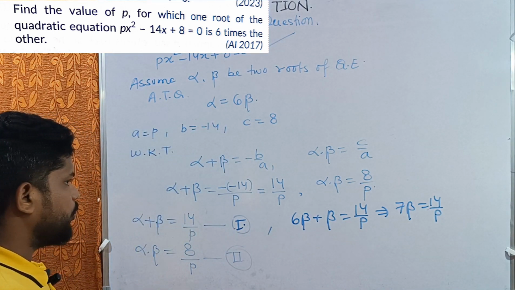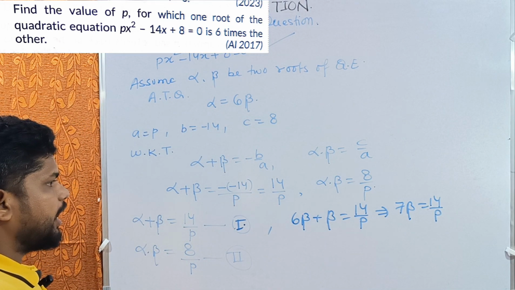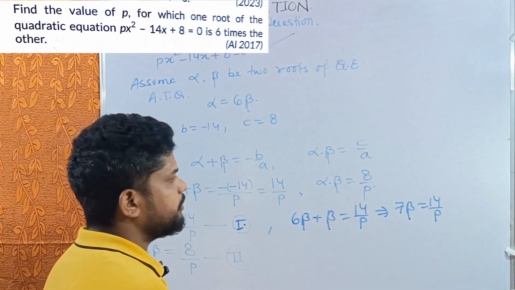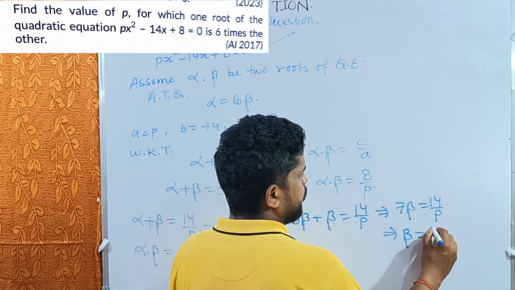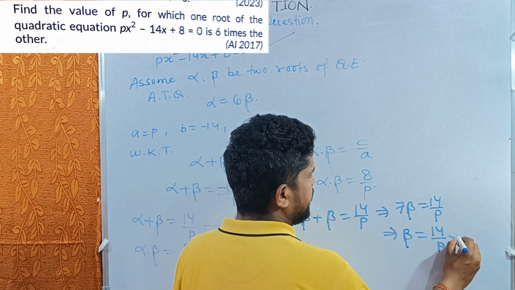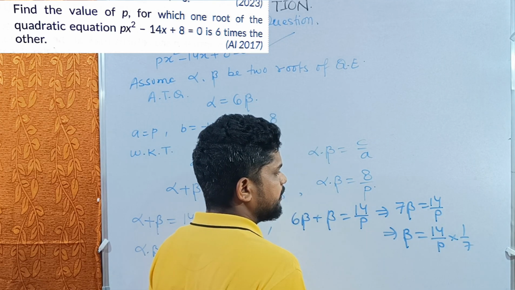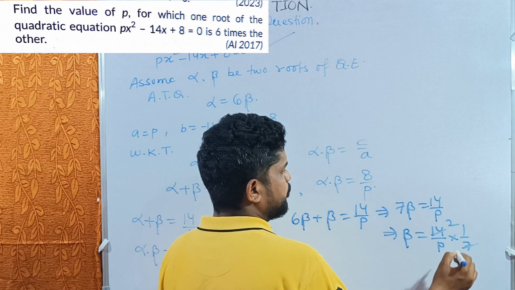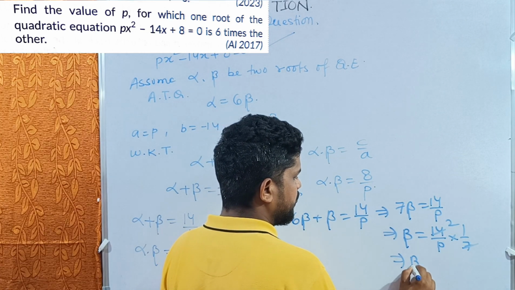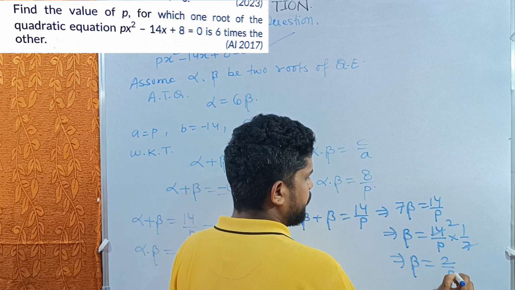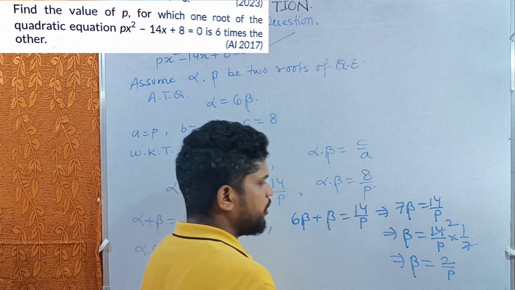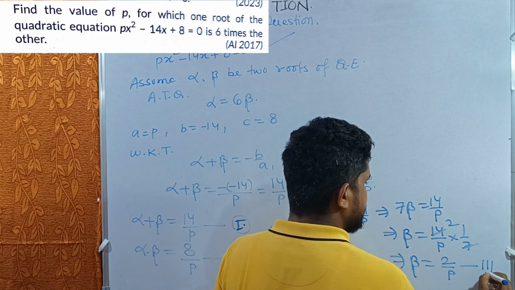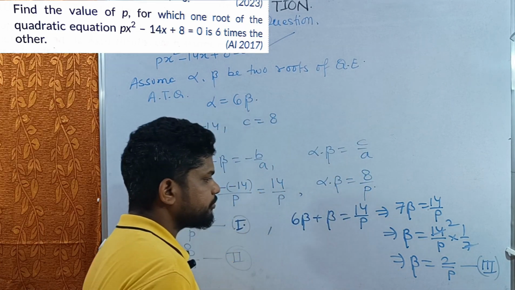This gives beta equals 14 upon p divided by 7. So this will cancel 2 times, and the value of beta is 2 upon p. Keeping it as equation number 3.